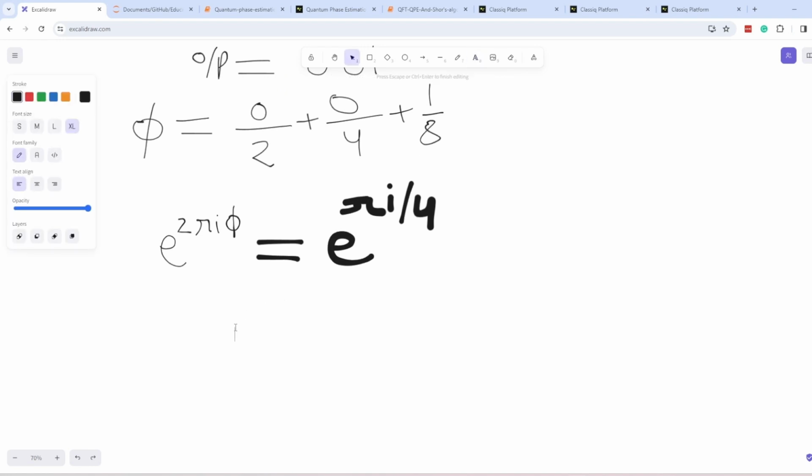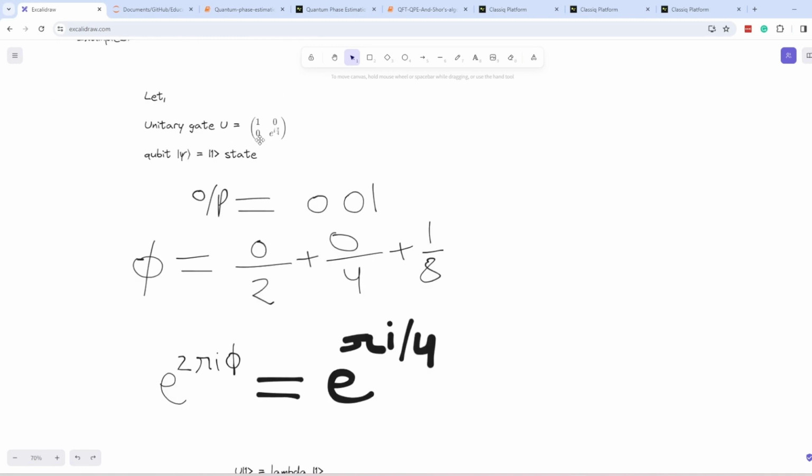What it means is that when this gate U is applied to the one state, it gives this e power pi i by 4, let's call it lambda, multiplied by the one state as it is. That's how we estimated the phase for the one state and this unitary gate U.